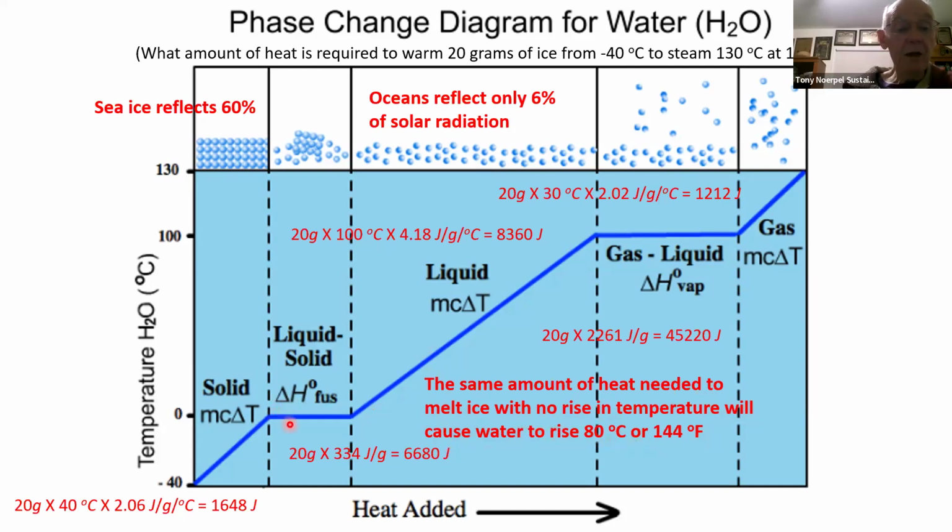So right now, the imbalance between the outgoing infrared energy and the incoming solar energy is heating the planet.